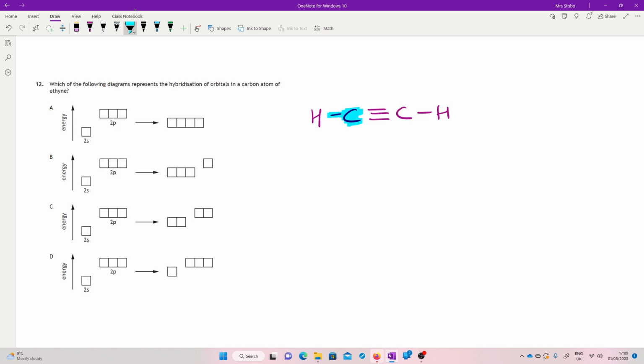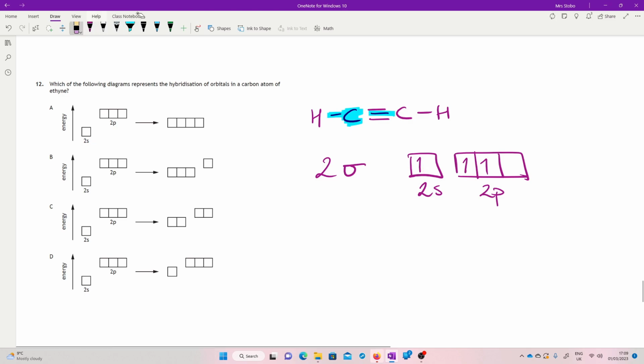This has 2 sigma bonds connected. So that means I have 2 sigmas, must mean that I have got my S, oh wait a minute, sorry, let me draw it out here. Here's my 2S and here's my 2P. You start off with this, and then you promote one of them so that you get 4 electrons to play with.